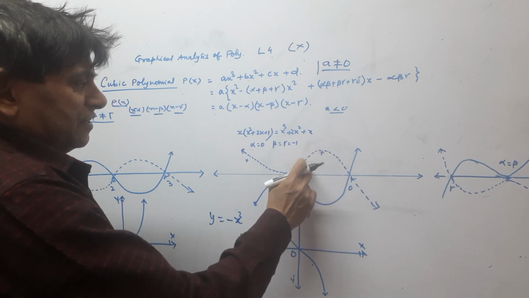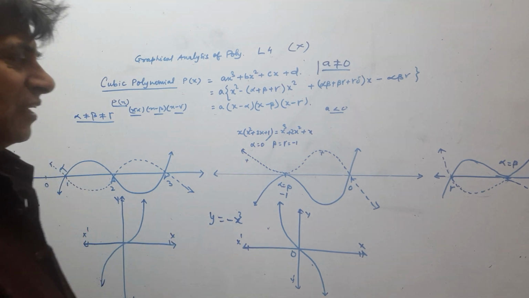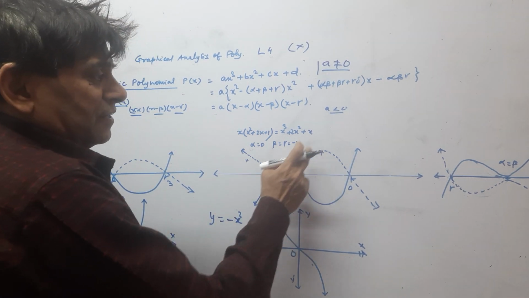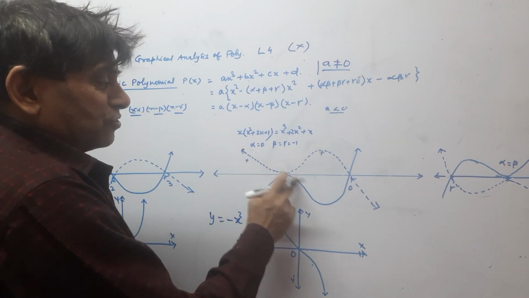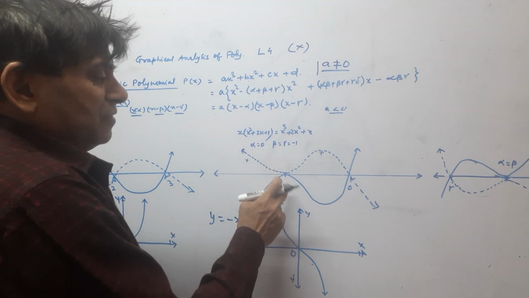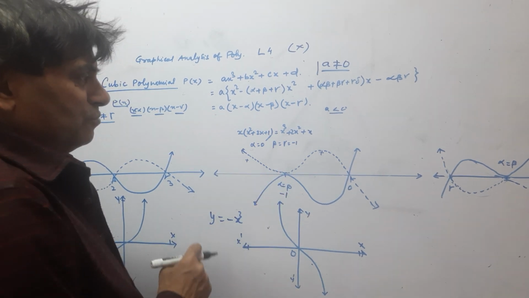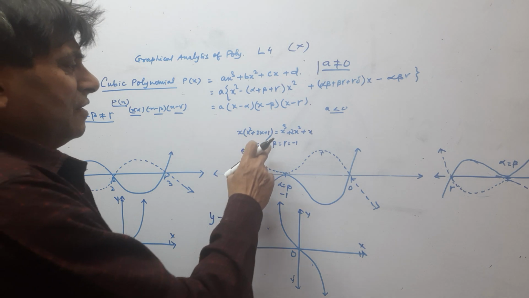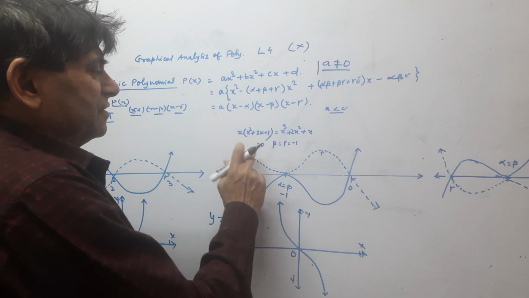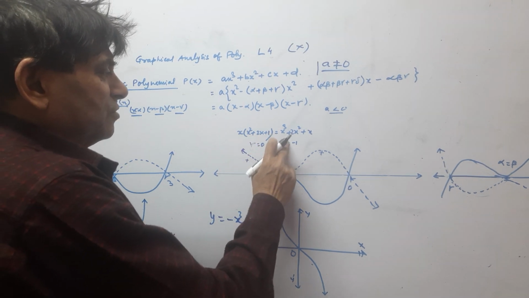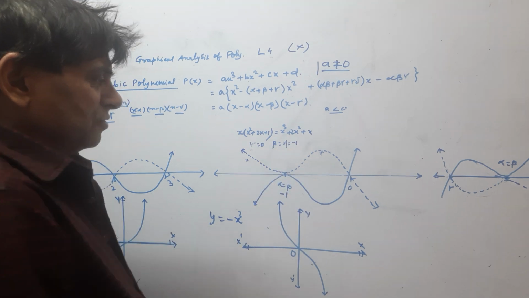This one is plus and then it is here. It will touch and reflect. It is touching, not crossing here. Touching means the solution alpha is equal to beta. Here I have written beta, gamma are equal. You can write gamma, no problem, and it is your alpha, beta. It is okay.